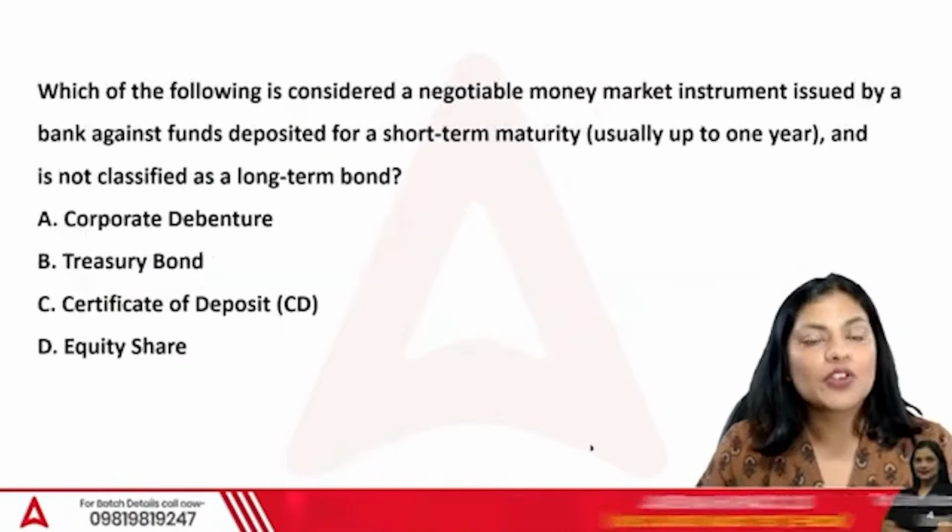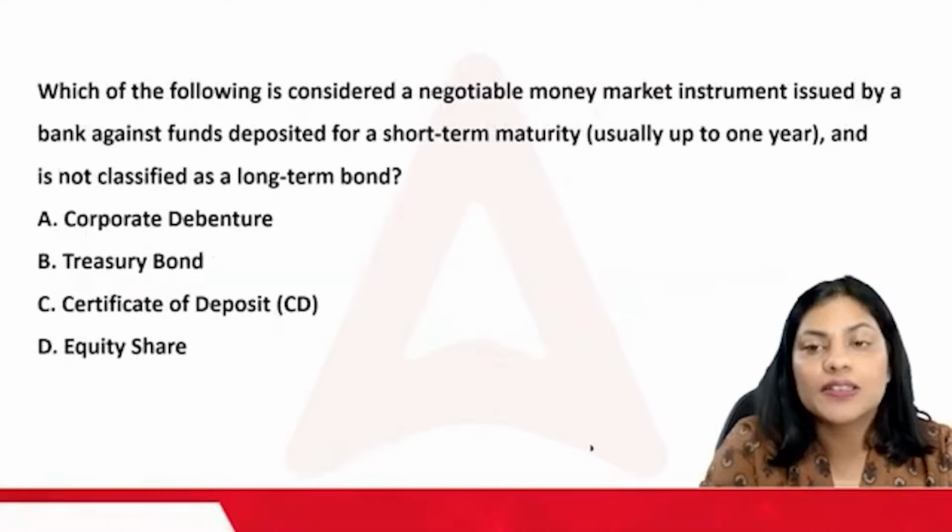Then, which of the following is considered a negotiable money market instrument issued by a bank against funds deposited for a short-term maturity, usually up to 1 year, and is not classified as a long-term bond? So, which among the following is a negotiable money market instrument?